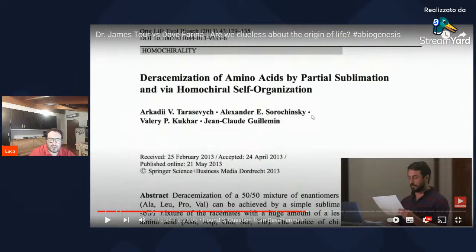What's the problem here? You need to get to homochirality from something that's racemic. What's a racemic mixture? Basically, a mixture where you get two or more versions of a molecule, like your hands, right and left hand. Compounds with basically the same components, but disposed like your hands. You cannot superimpose those hands.